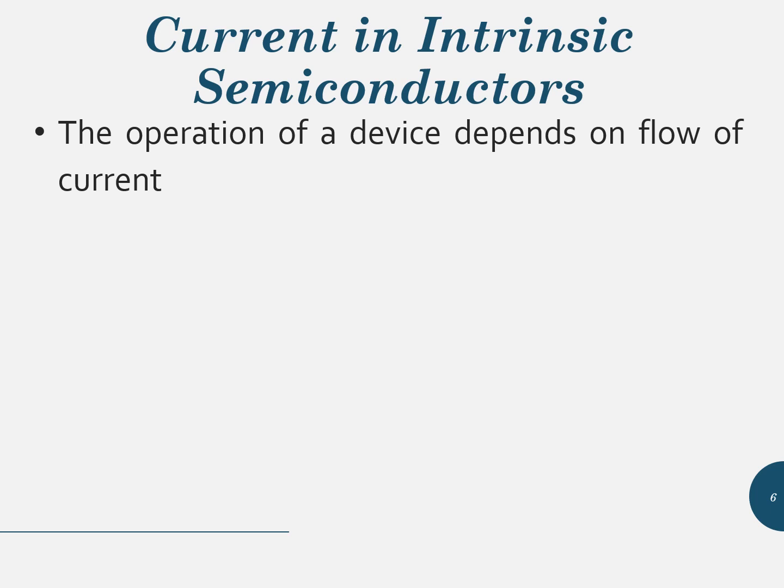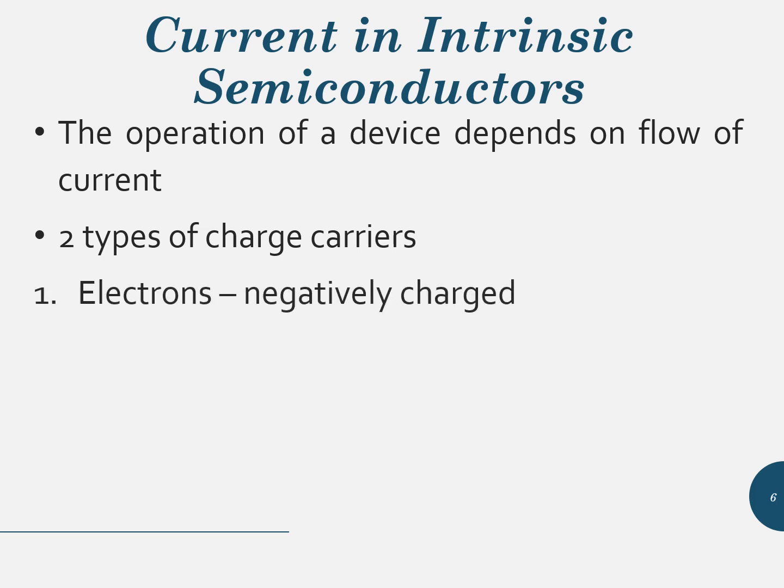An intrinsic or pure semiconductor has two types of charge carriers. First is electrons that are negatively charged, and second is holes that are positively charged.